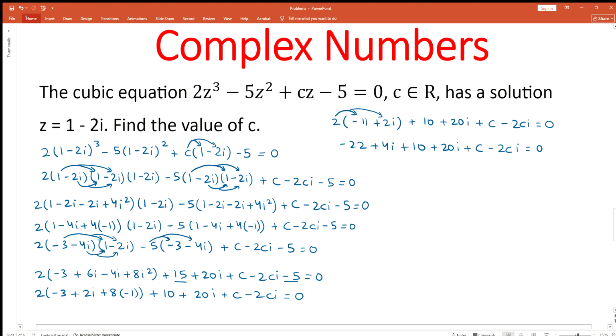Next, we can combine like terms. Negative 22 and 10 are like terms. I get negative 12. 4i and 20i are like terms. I get 24i.